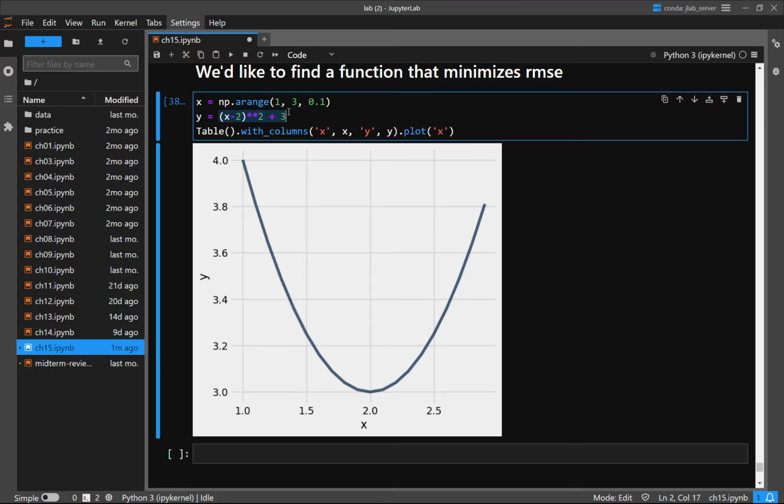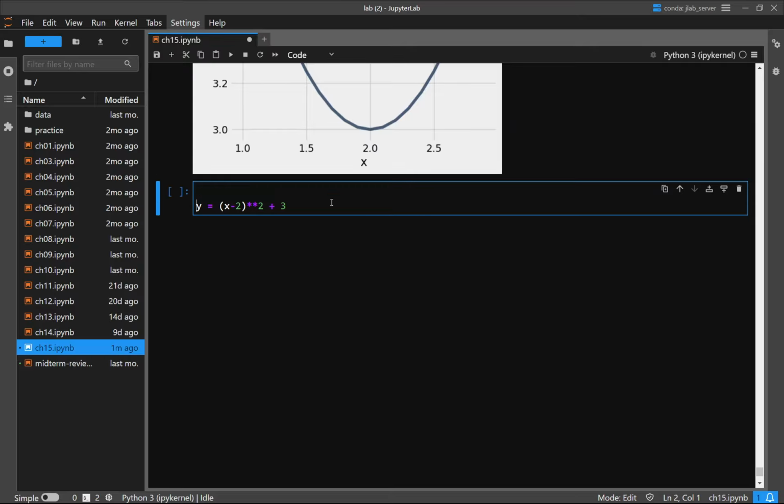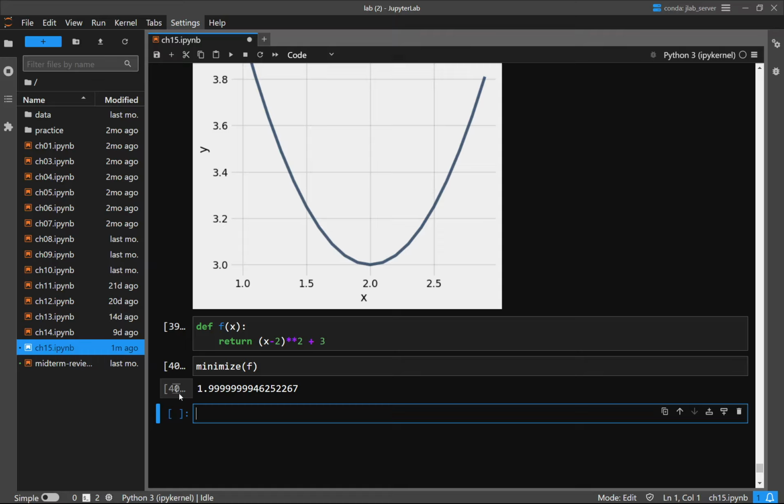So we can turn this into a function. Define a function called f, takes an x. It returns back the x value minus 2 squared plus 3. Exactly the same thing as what we were doing. And we can ask the minimize function to minimize f. You say the name of the function and watch that it finds 2.